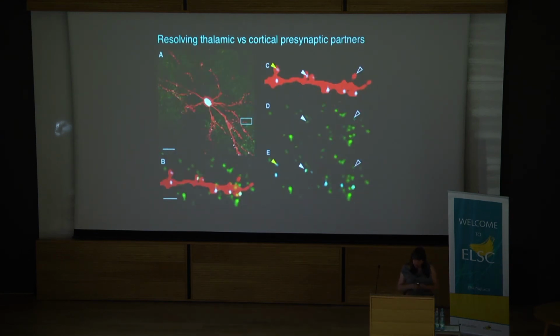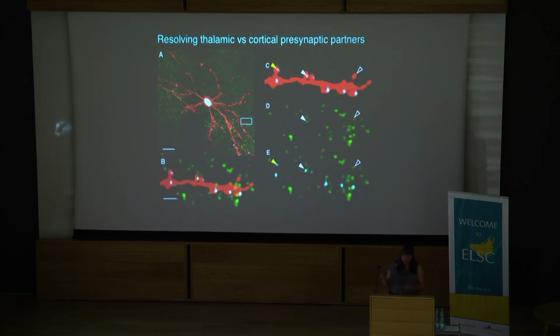So this is what, in principle, these experiments are working, where we have the cell fill, we have the PSD95 label here in white, and here you see the boutons. This is an example of a bouton where we have an overlap of the PSD95 with the synaptophysin-tdTomato, and then here we have two spines that have the PSD95, but they don't have the presynaptic afferents.